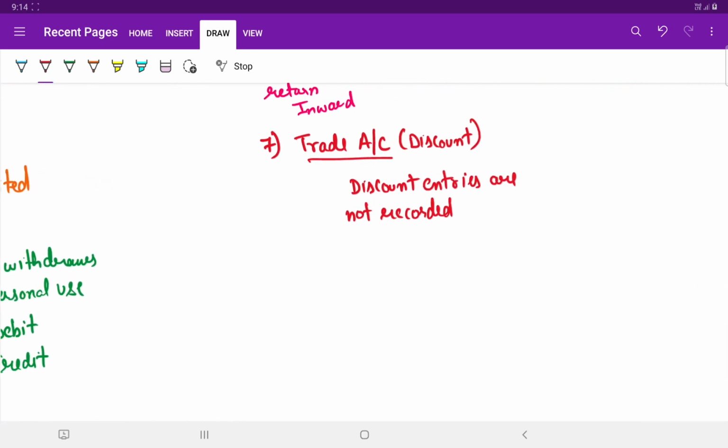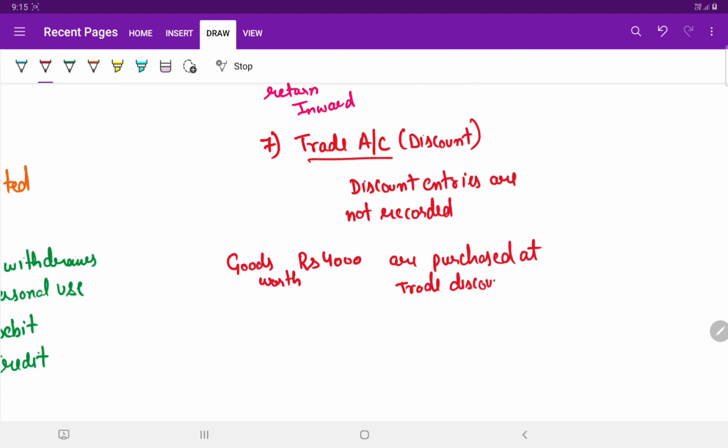Just for an example, we are saying that goods which are worth rupees 4,000 are purchased at a trade discount of 5%. 5% means rupees 200.